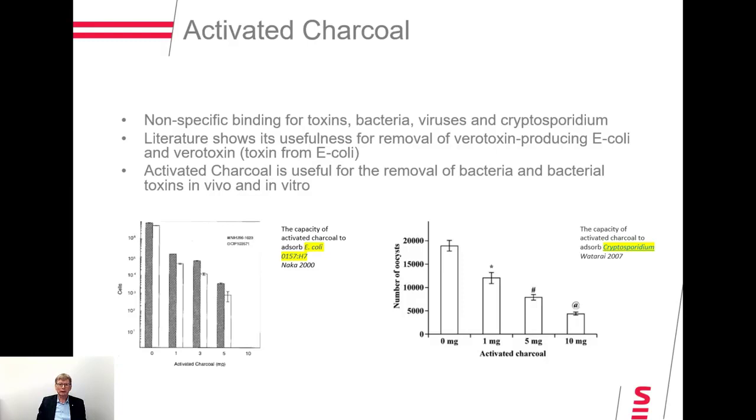When you look at the figure on the right-hand side, you see the capacity of activated charcoal to absorb Cryptosporidium. As little as 10 milligrams of activated charcoal was able to reduce the number of oocysts quite significantly.